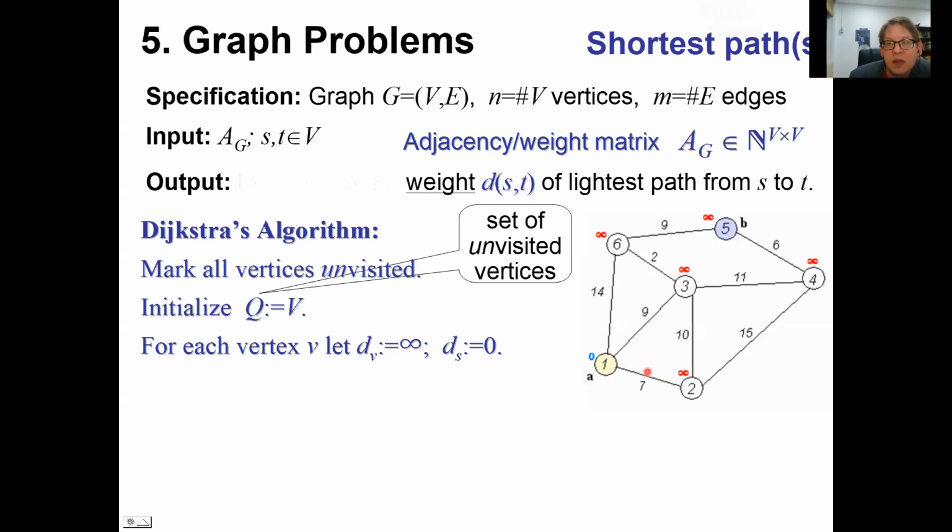And we maintain the set of vertices which have already been flooded with increasing levels of water. The vertices which have not been flooded yet are the vertices that are maintained in this priority queue. And initially, no vertex has been flooded.